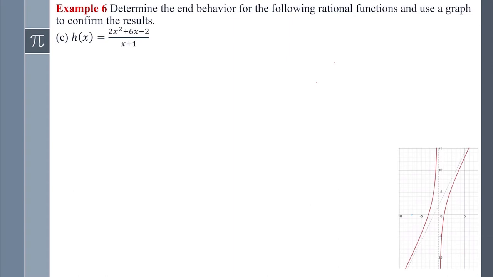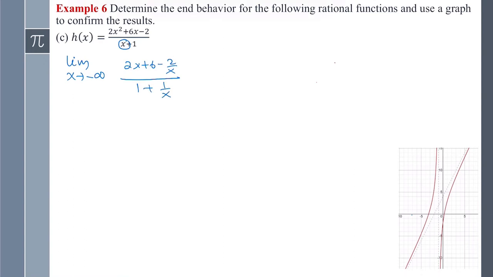Now let's go ahead and find the limit. Let's do the same thing. So we find the limit as x approaches negative infinity. We'll divide everything by the highest power of the denominator, which is x. So if we divide everything by x, we get 2x plus 6 minus 2 over x, divided by 1 plus 1 over x.